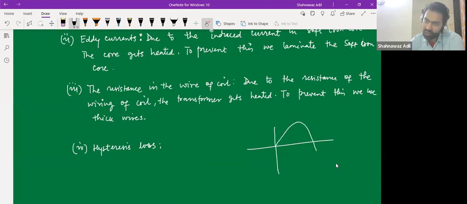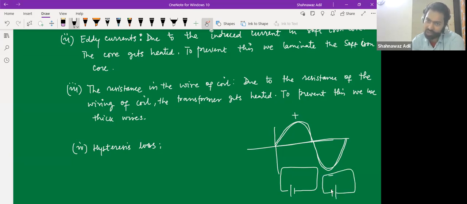We have this kind of current, right? In the first cycle the current is positive, but in the next half cycle the current is negative, moving in the opposite direction.